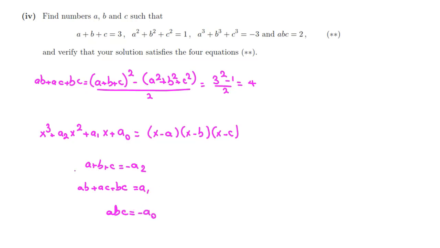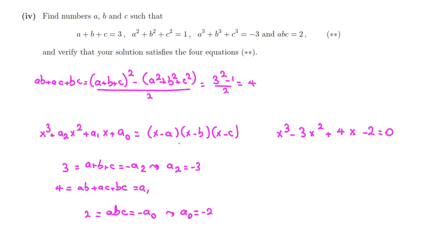A plus b plus c is 3, so a2 is negative 3. ab plus ac plus bc equals 4, so a1 is 4. abc equals 2 here, so a0 is negative 2, and we can say it is x cubed minus 3x squared plus 4x minus 2 equals 0.